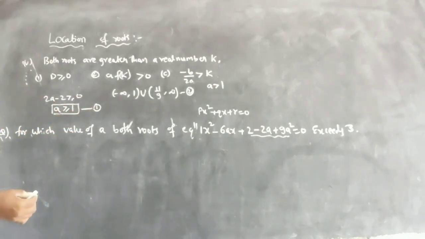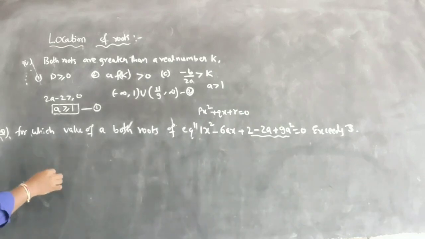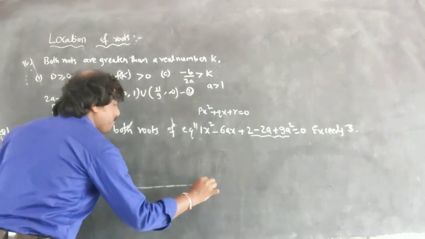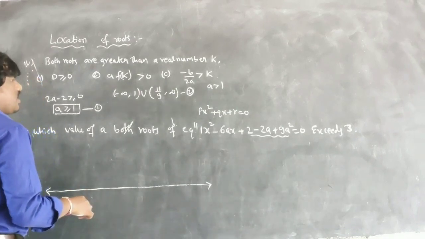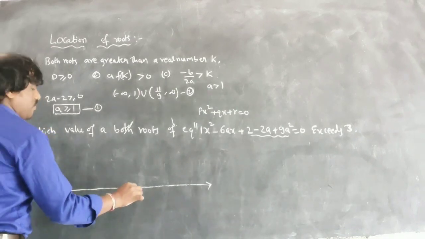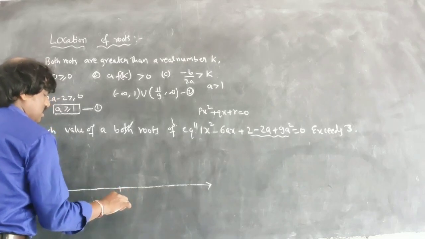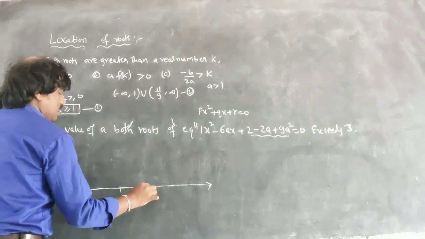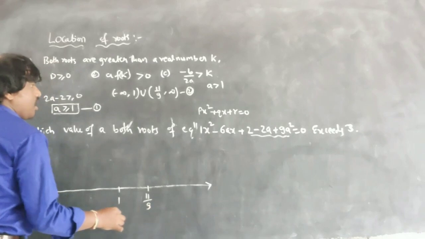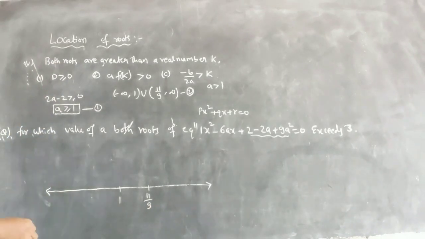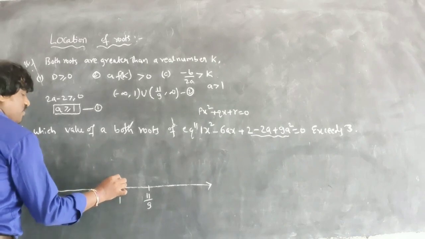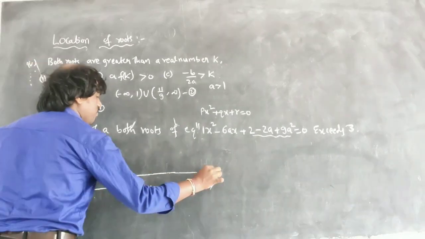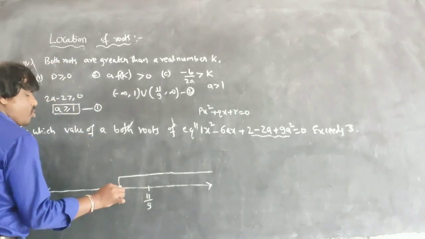It is asking to find the value of a. Okay, so what we do here, we take a number line. The case 1 is what you have here, all the things we plot here. 1 is there, 11 by 9 is there, and do you have any other numbers here? Nothing else. See, the first case is 1 to infinity, including 1.